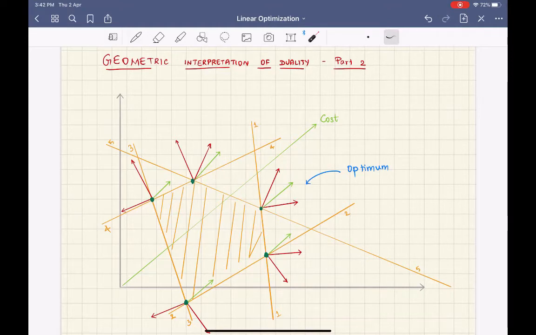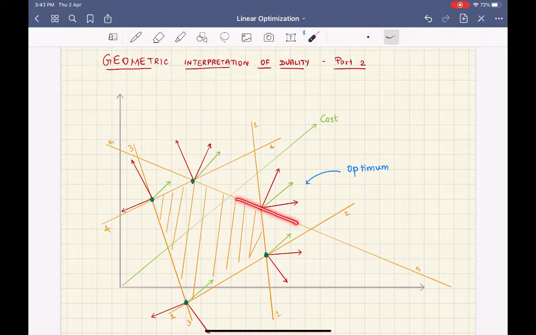In this lecture we will try to give a geometric interpretation of duality. In the last lecture we saw that, given the primal, the optimum occurs at an extreme point where the cost vector can be written as a non-negative combination of the vectors defining the hyperplanes.